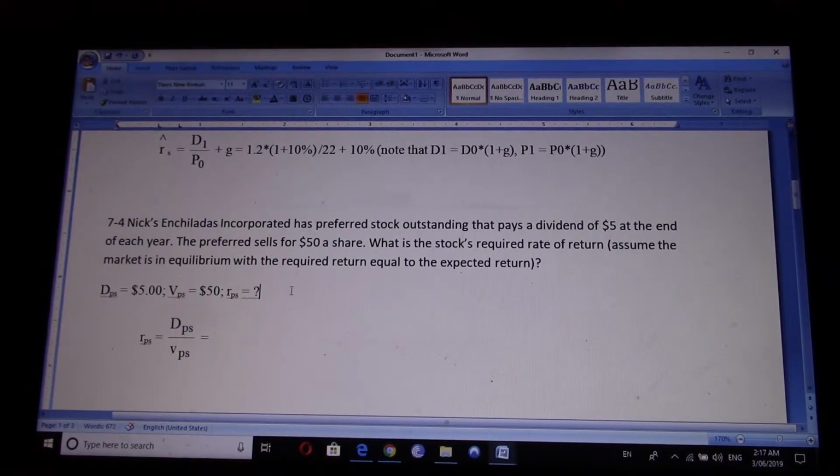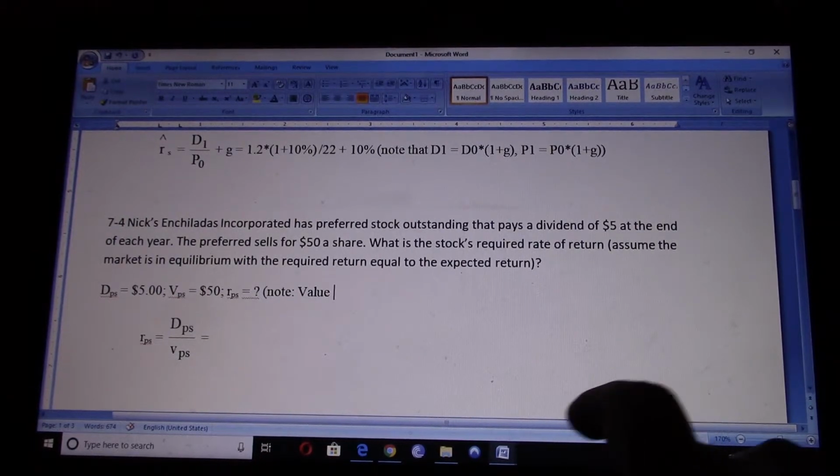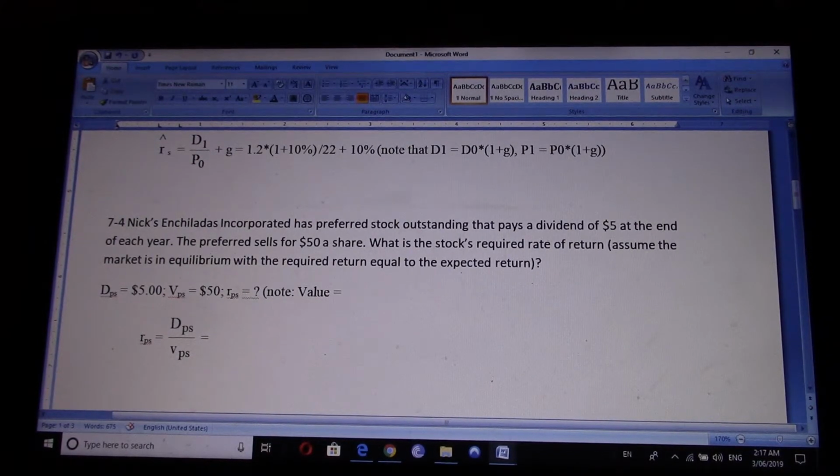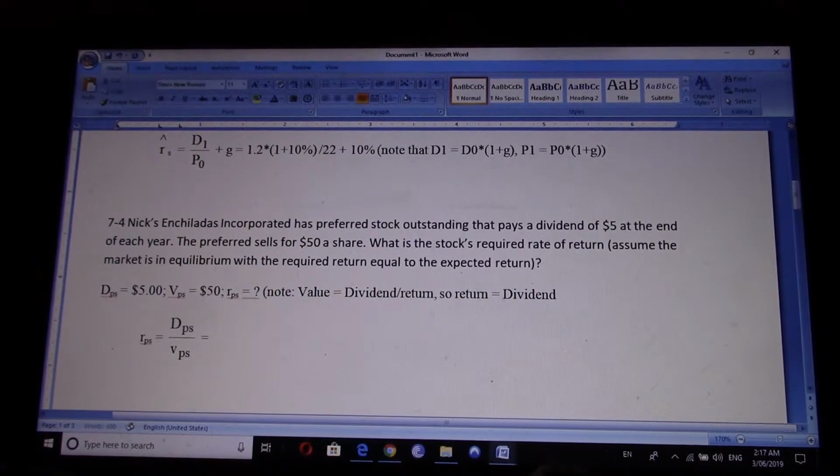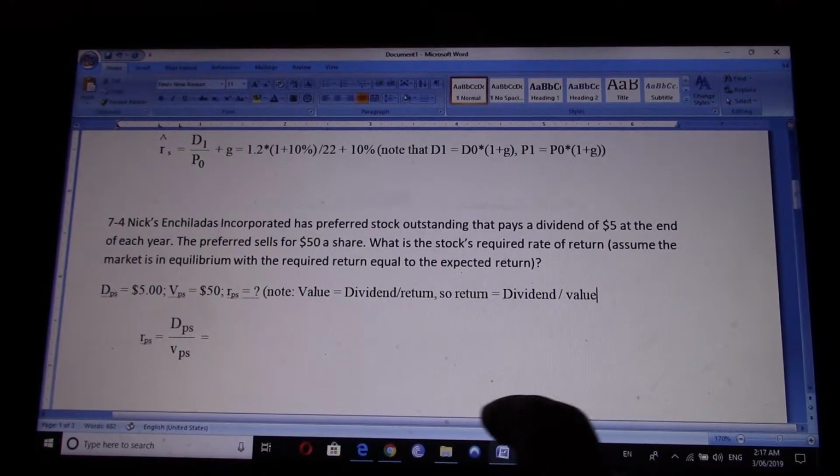So the return of preferred stock equals the dividend divided by value. The equation is pretty simple.